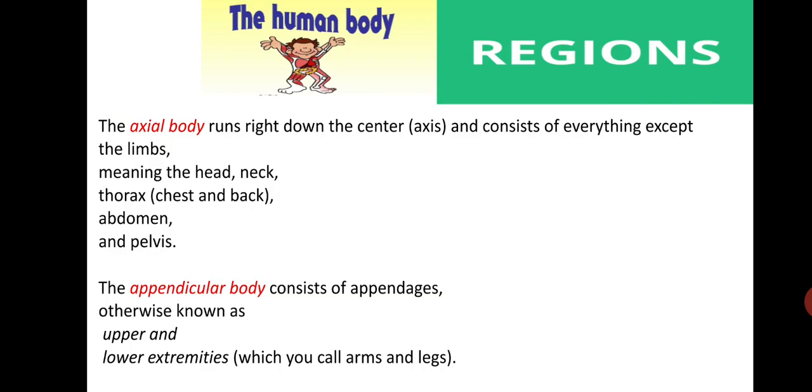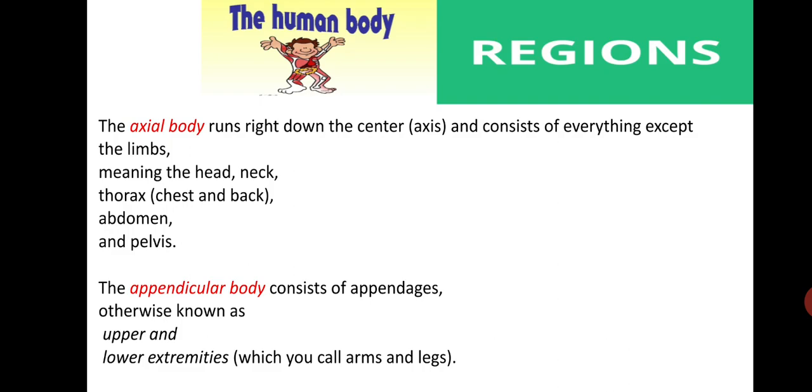The axial body runs right down the center, which we call the axis, and consists of everything except the limbs, meaning the head, neck, thorax. In the thorax come your chest and back, abdomen, and pelvis. They all come in your axial body region.